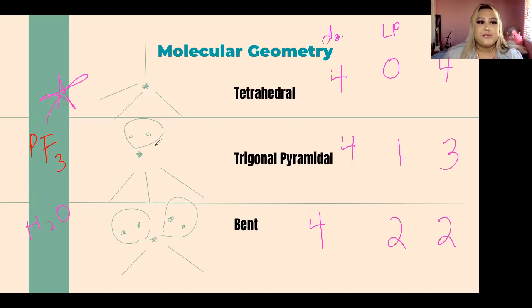So yeah, PF3. So we have a covalent bond. Which one is the central atom, P or F? P. So we have P here, and 3 Fs. It doesn't really matter if you want this F to be on the bottom. So how many valence electrons do we have in total?